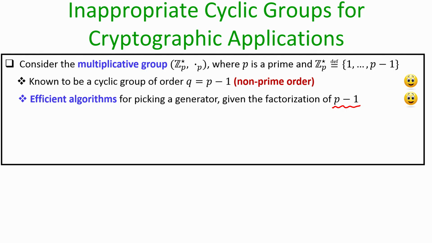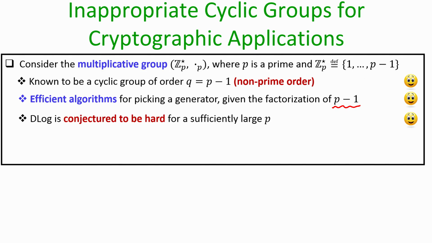So, we need polytime algorithms for picking the generator, and when I say polytime algorithms I mean polynomial in the number of bits that we need to represent the elements of the set Z_p star. So, we have efficient algorithms for picking generators for this group given the factorization of p minus 1. So, that is also a plus side of this group.